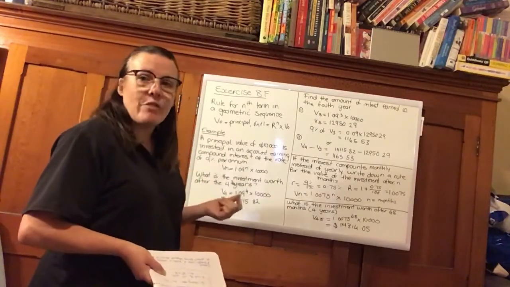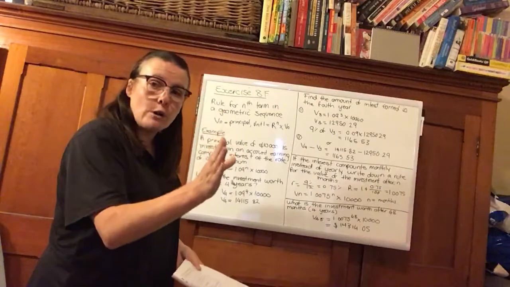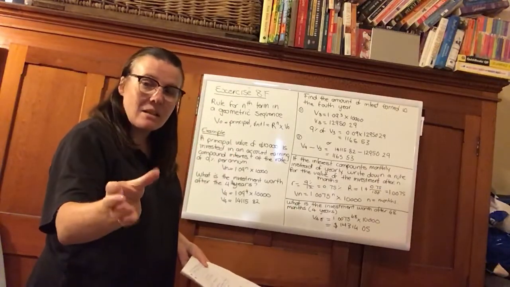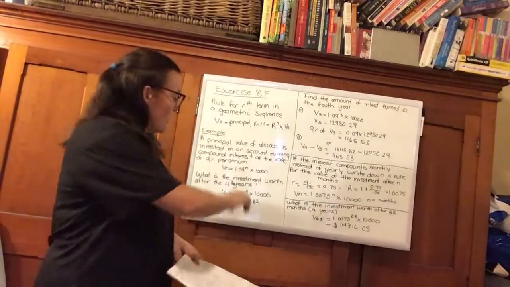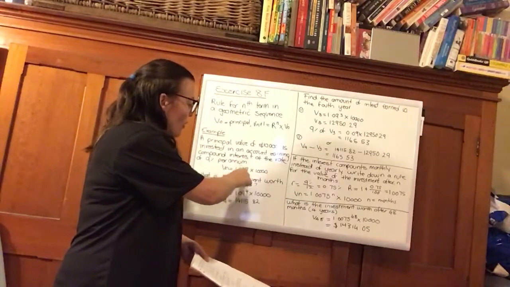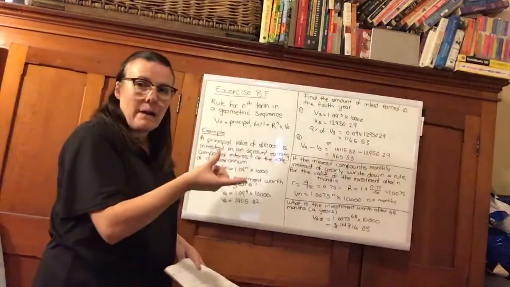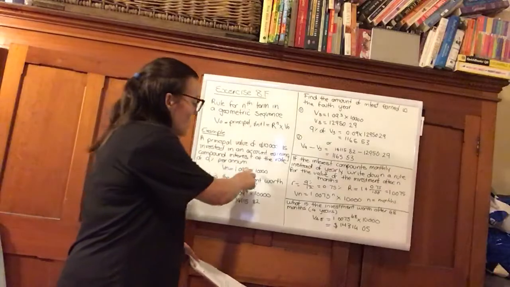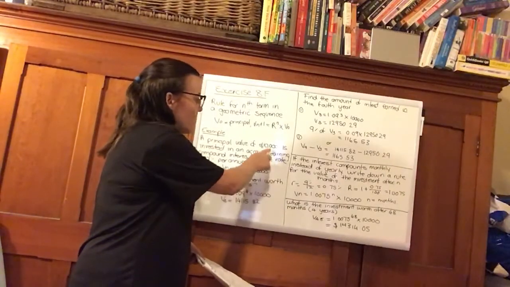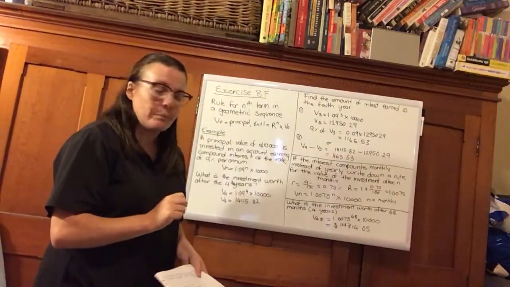And remember, we add the 1 because we want the whole amount plus the 9%. So it's 1.09 raised to the power of n multiplied by 10,000 because that's our principal value.